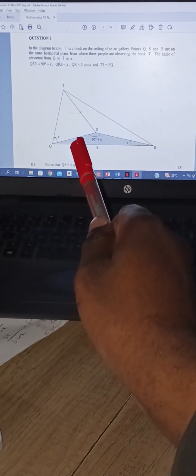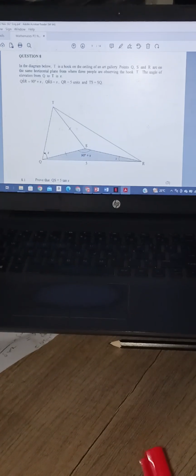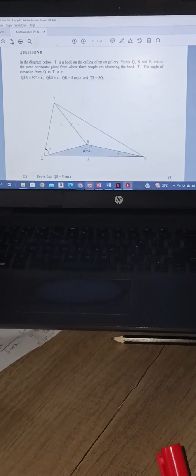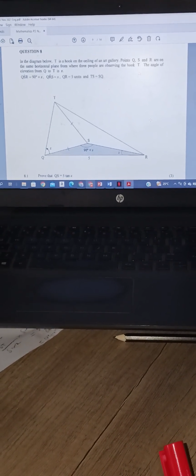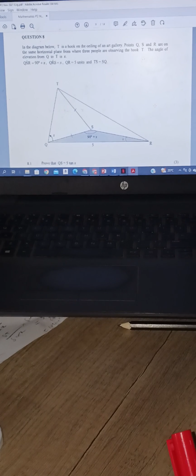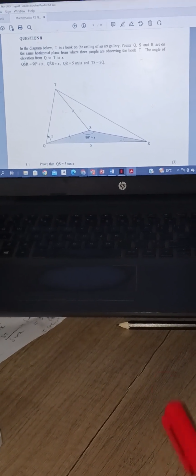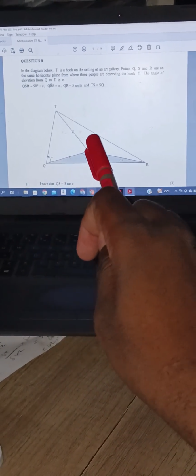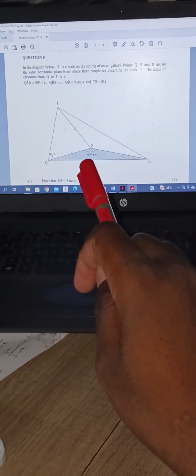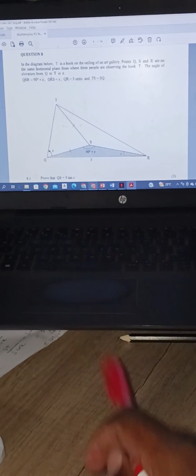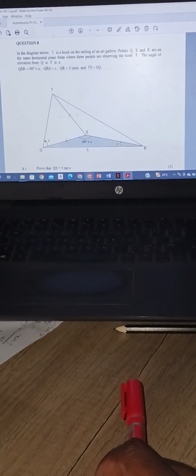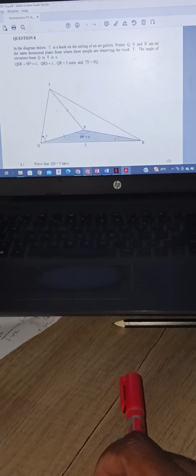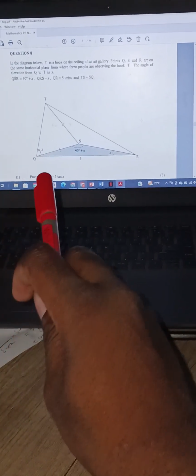Now the angle of elevation, that one over there, from Q to T is X. And then you have the angle at Q, S, R, which is that one highlighted as 90 plus X. And angle QRS.